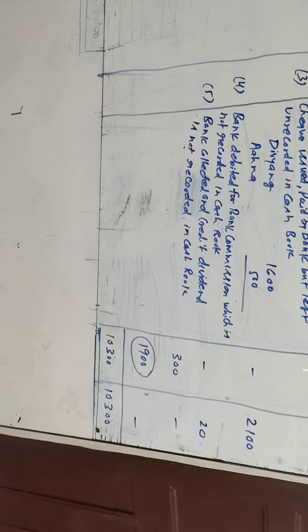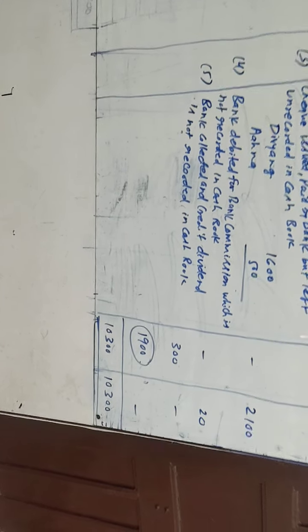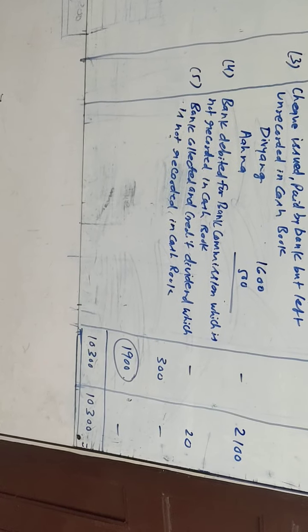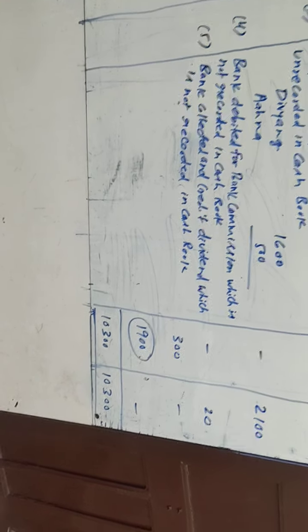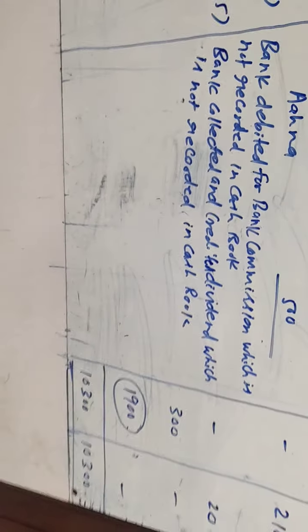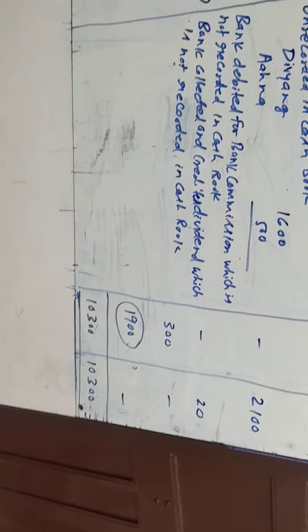Bank collected and credited dividend which is not recorded in cash book. Okay, so this we have recorded here at the debit side of our BRS.